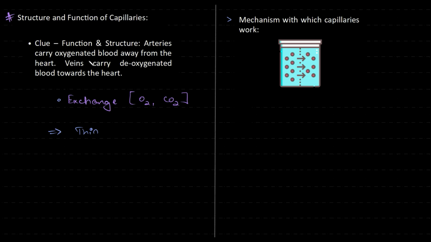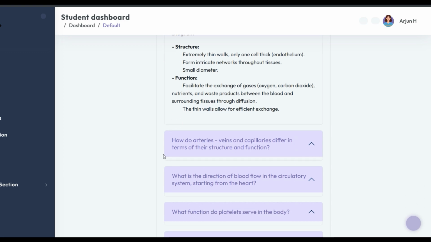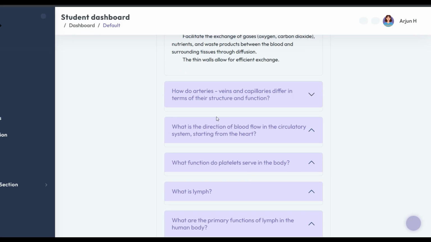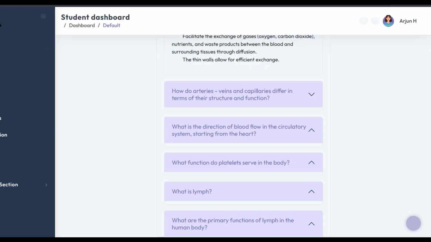Actually, I did miss out. I just wrote oxygenated and stuff. This is the exchange of oxygen, carbon dioxide, and also nutrients, and the waste and everything. The thin walls allow for efficient exchange. Okay, so the difference is given over here. Then okay, all of this we'll be learning in the next video.